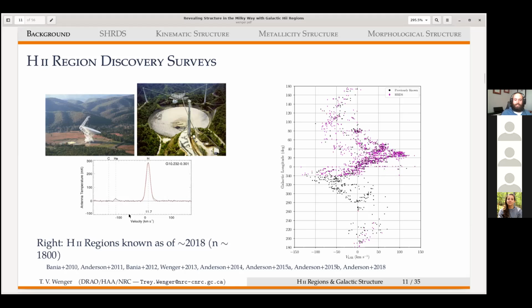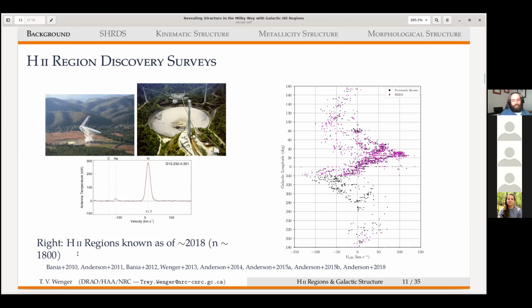Here on the left is just a typical GBT radio recombination line spectrum towards one of our HII region candidates. And here on the right is the longitude-velocity diagram, now including in magenta all of the HII regions that were discovered by our northern sky surveys with the GBT and the Arecibo telescopes. As of about 2018, there were about 1,800 HII regions, which is about twice as many as there were before we started.